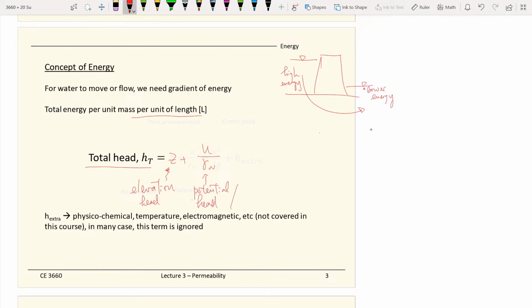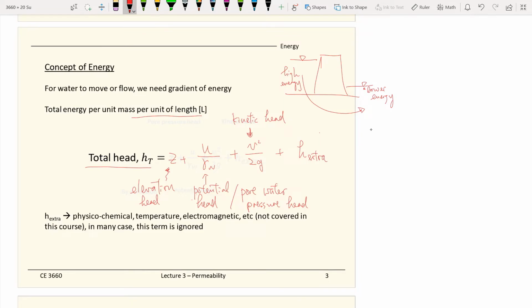This can also be called the pore water pressure head. It also has another kinetic term, so it has the kinetic head, plus whatever remains or whatever extra.